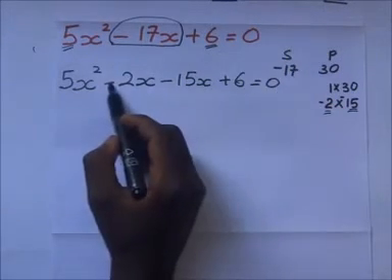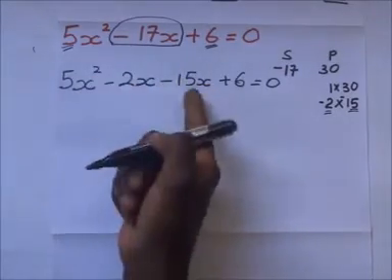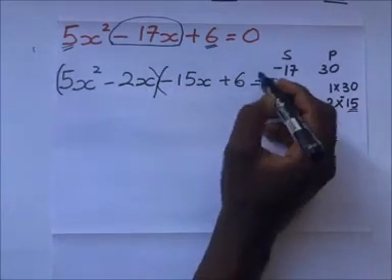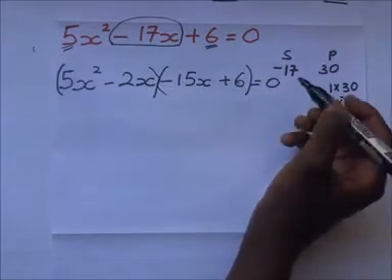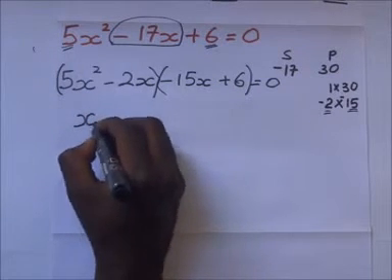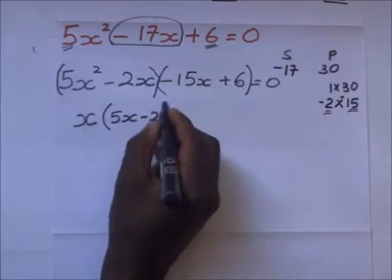You realize that negative 2 minus 15 gives us negative 17. So this leads us back to that. So when we introduce brackets right here and there, we factorize out. The common factor here is x, so we put x outside the brackets into 5x minus 2.